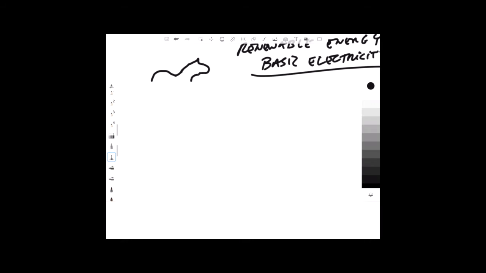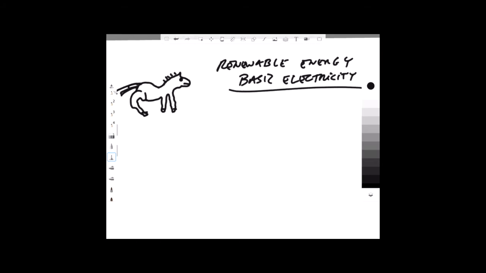This is a bad photo of a horse, but we'll just make a basic horse, and we'll draw this horse here. It's got a nice tail, it's got a mane, an eye.